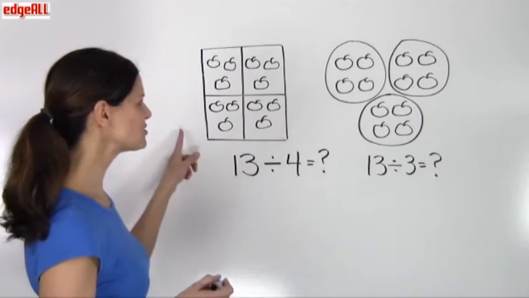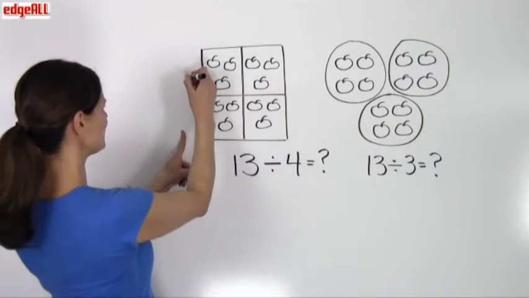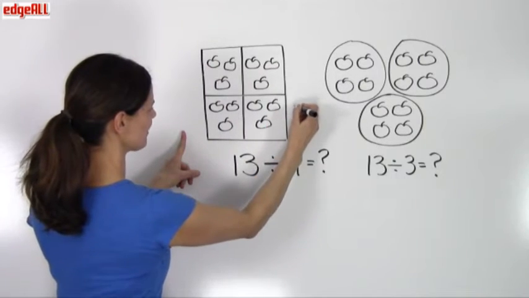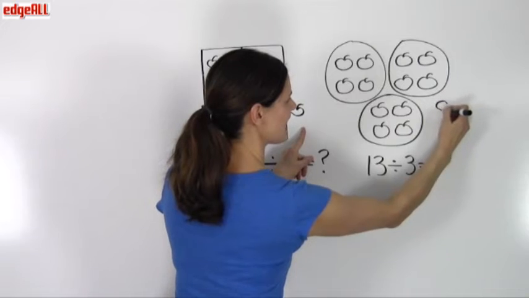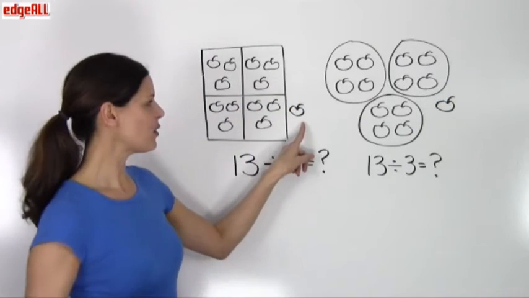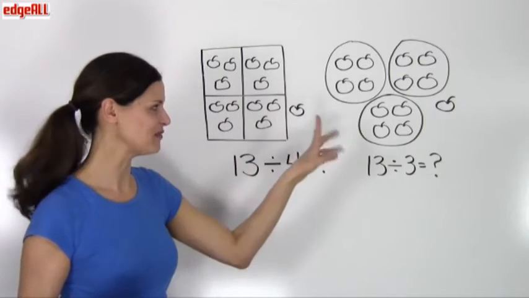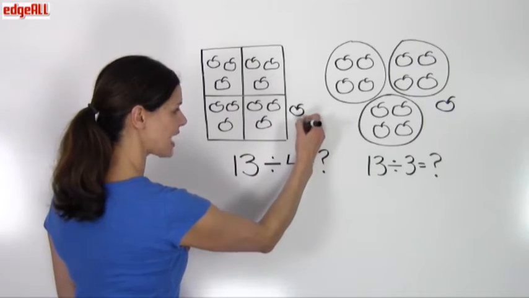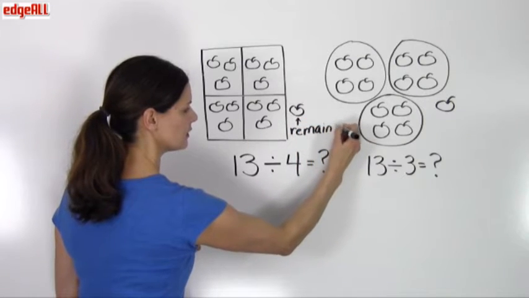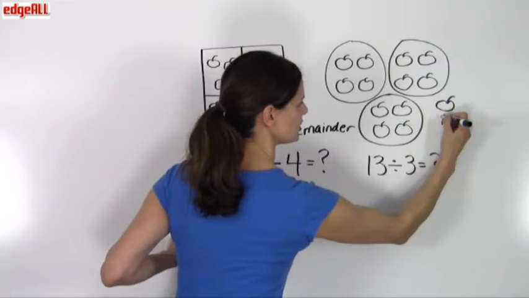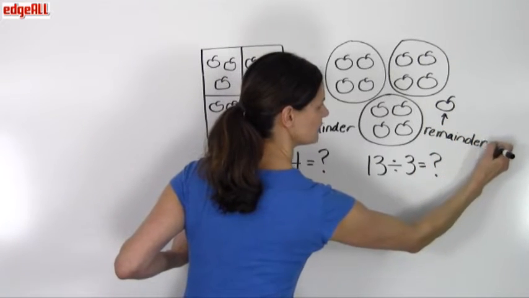So this extra apple, our 13th apple, I'm going to draw a little extra right over here, and on this one, I'll draw this little extra right here. Now this extra apple, this 13th apple in our problem, is actually called a remainder. This one here too is called a remainder.